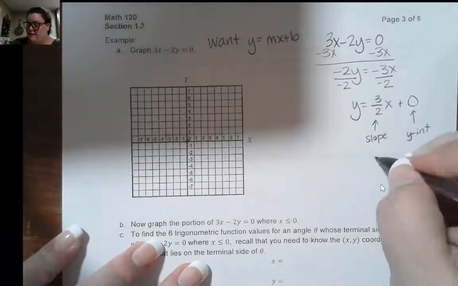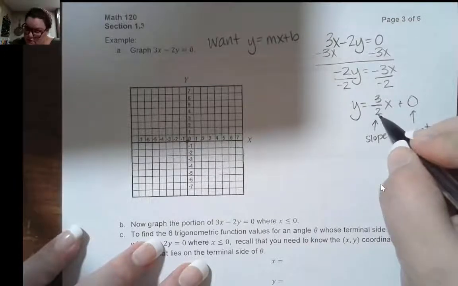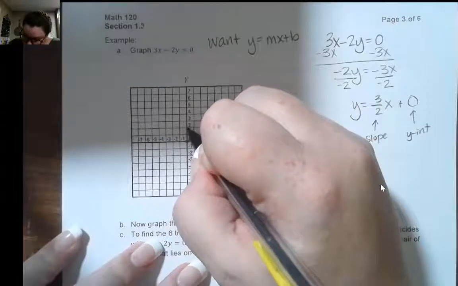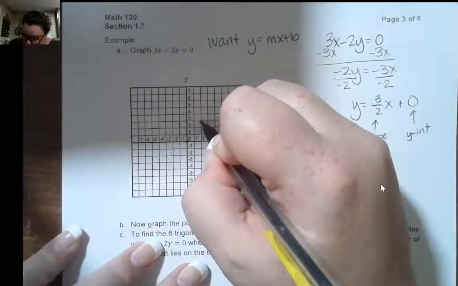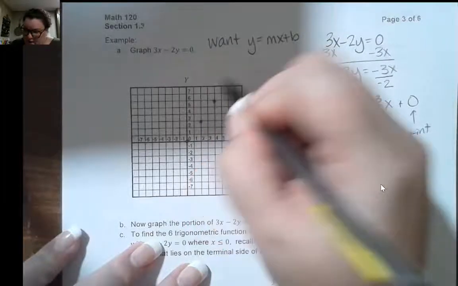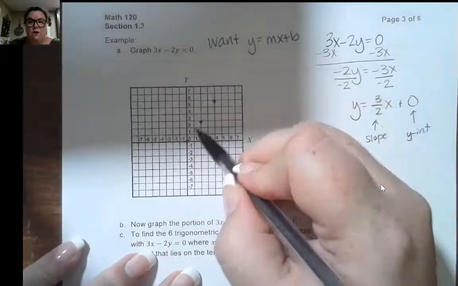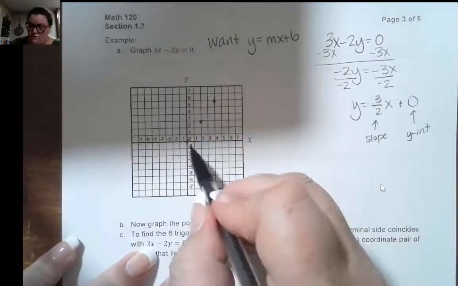This means that I am rising 3 and running 2. So up 3, 1, 2, 3, forwards 2. And then I don't just always want to draw it in this quadrant because I may not be looking at that side of the ray. So I want to make sure I draw it in the other direction too.